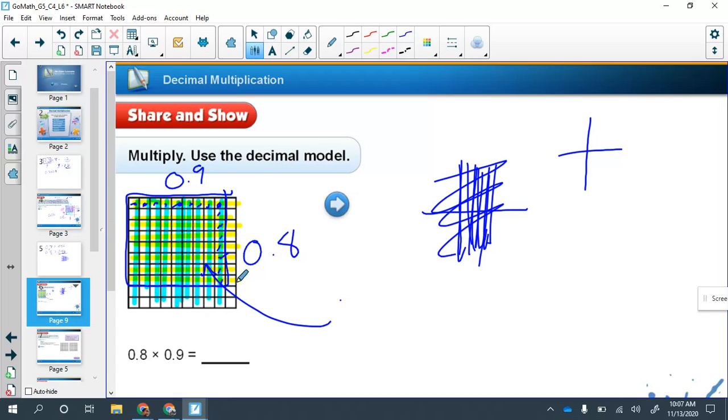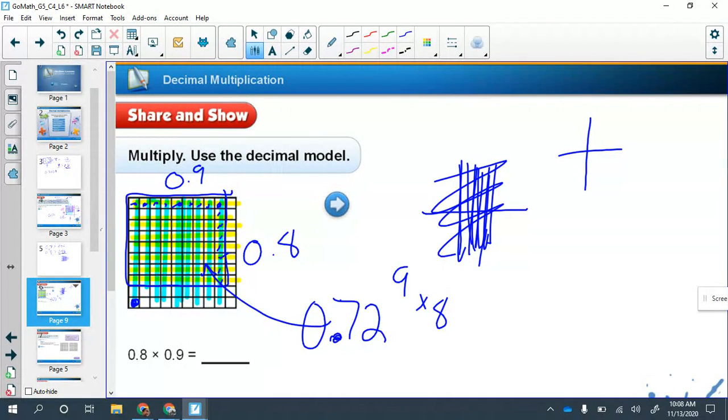So if I wanted to, I could count them all, but instead I'm going to multiply because I know that I've ended up with a 9 by 8 array. Well, 9 times 8 equals 72 units. Again, each of these individual units is 1/100th of the whole. So we have here 72 hundredths.